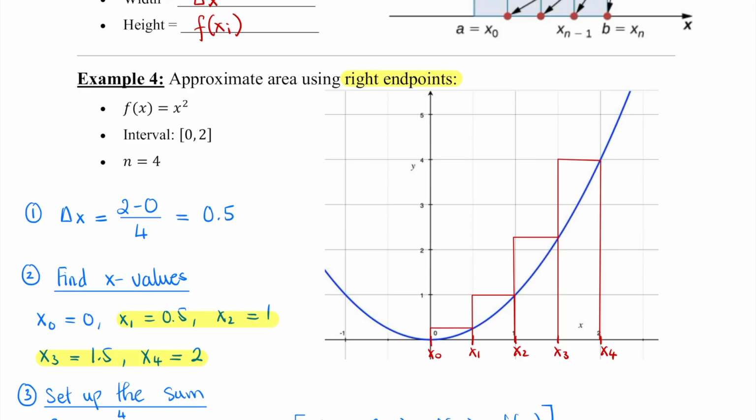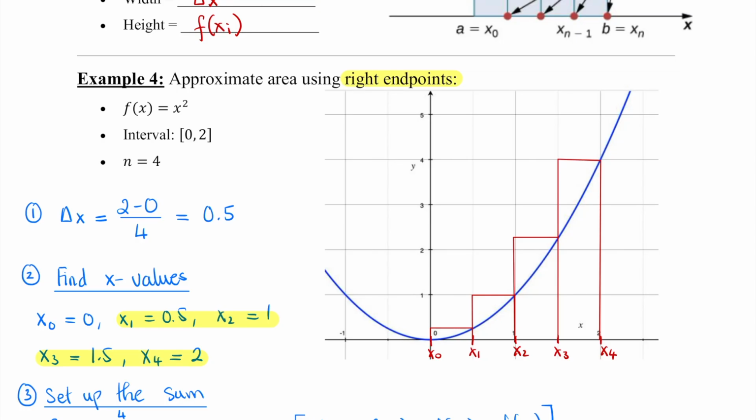That means each rectangle is too tall, so when we add them all together, the total area is too big. So from the graph, we can see that the right endpoint approximation gives an overestimate of the true area.